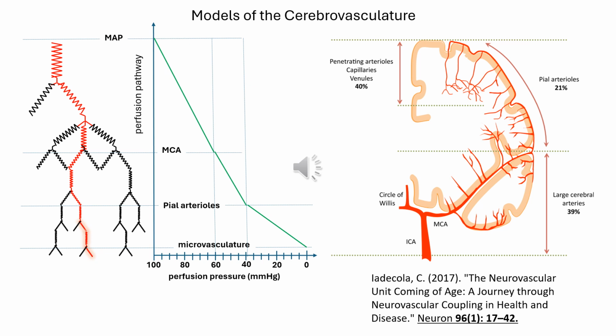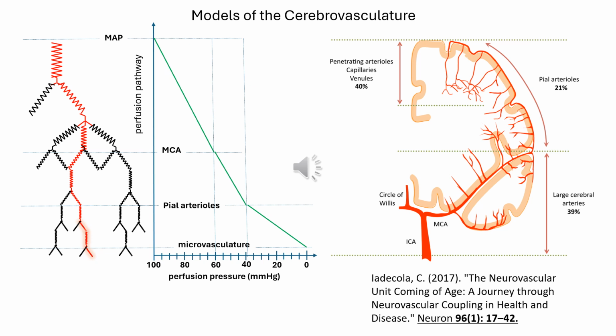In this model of a part of the network of cascading vascular resistances, each resistance lowers the downstream perfusion pressure. And this is according to the flow through the vessel resistance as determined by Ohm's law, where pressure loss equals resistance times flow.